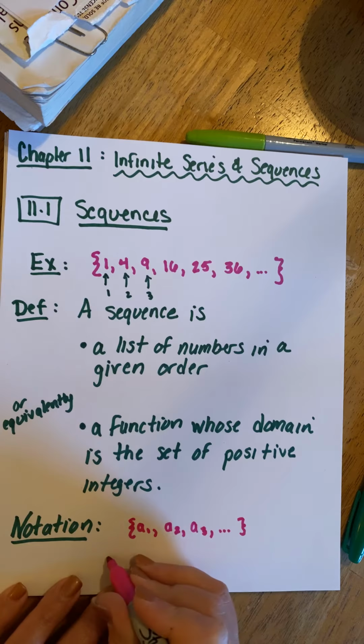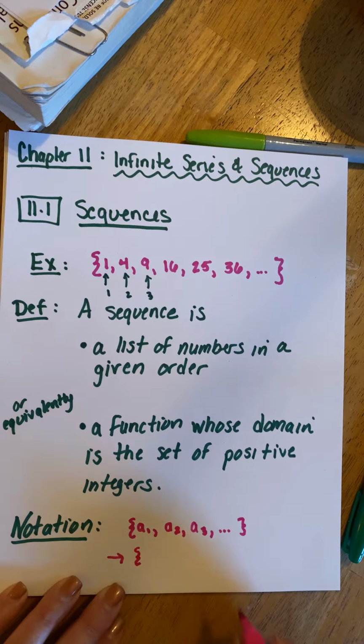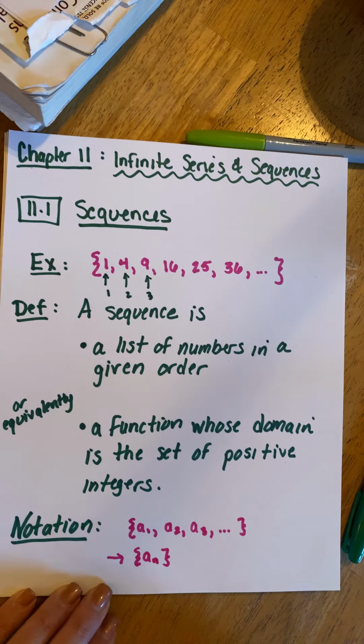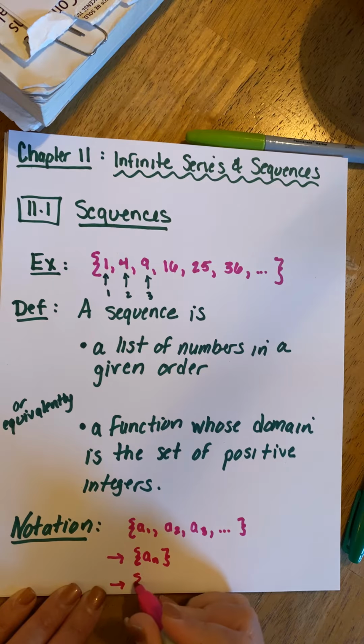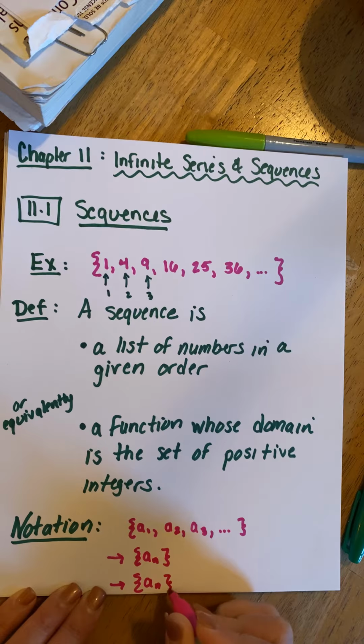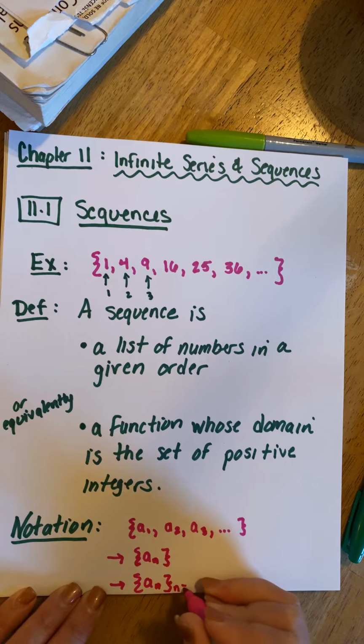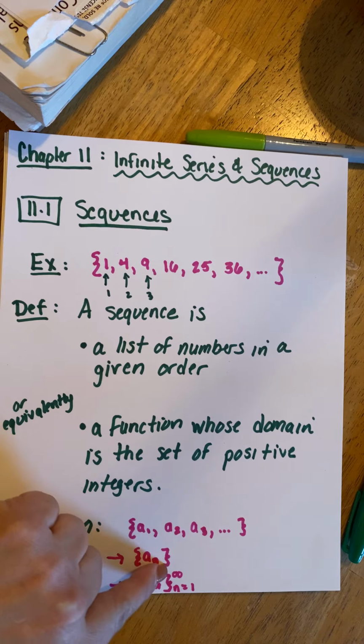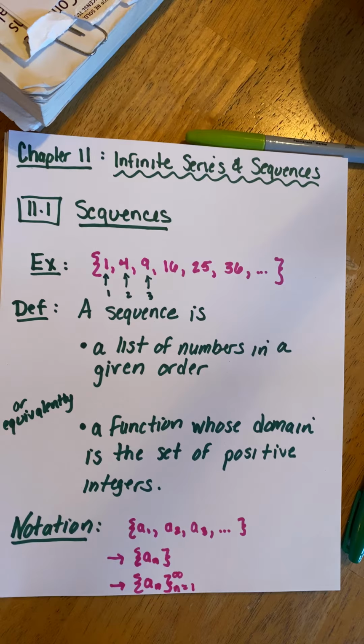We can condense this notation by using our set brackets and just simply putting n as our subscript. Or if we want to be a little more precise, we can say that our values n start at 1 and they go on infinitely. So typically when we write this without the subscript and the superscript right here, we're assuming that.